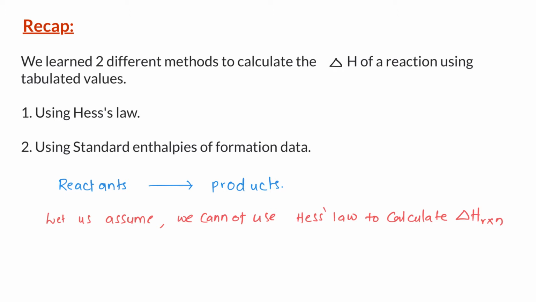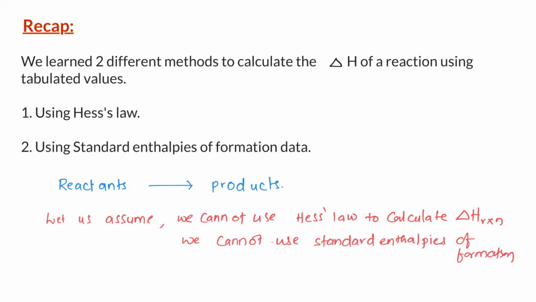Let us also assume that we do not have the standard enthalpies of formation data for either the reactants or products of this reaction. Therefore, we cannot use the second method to determine the enthalpy change of this reaction.